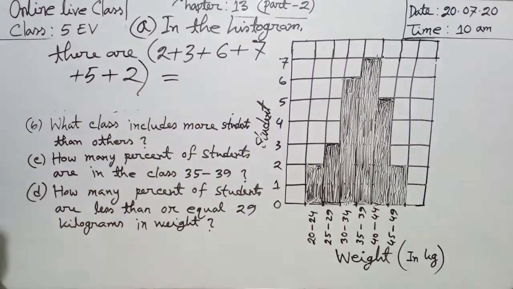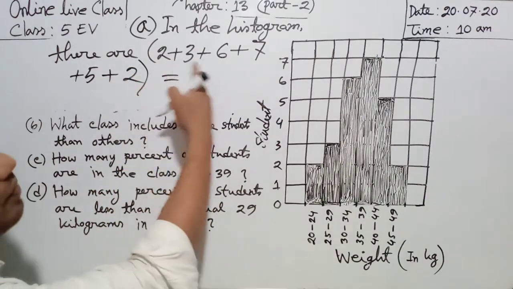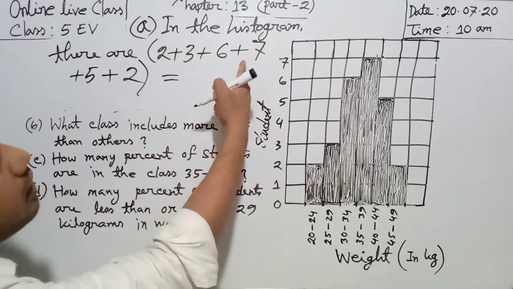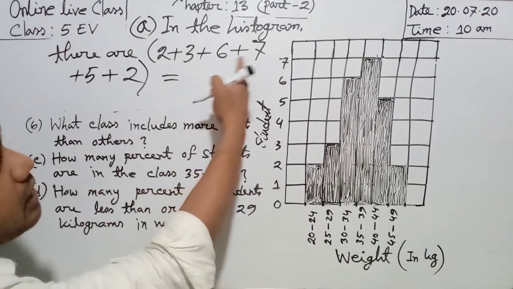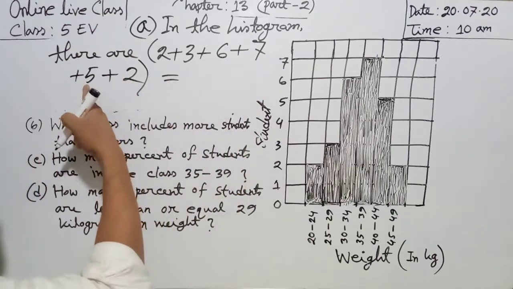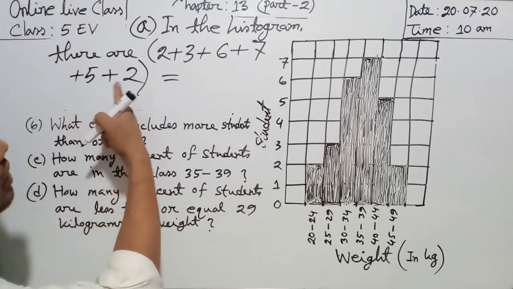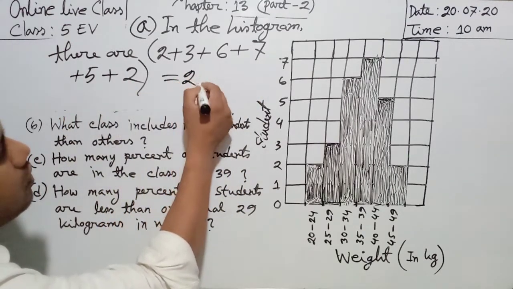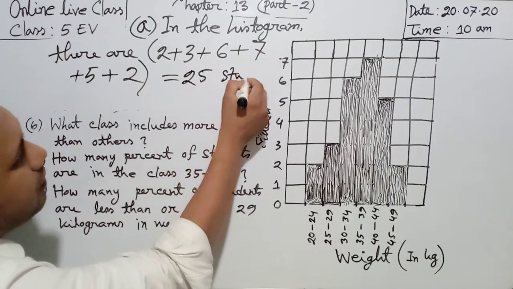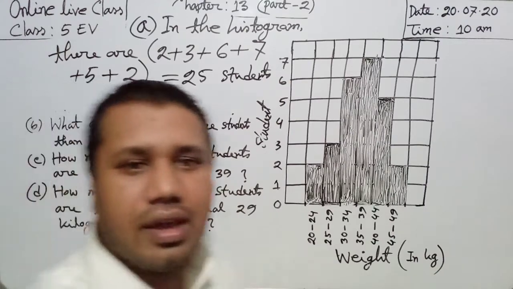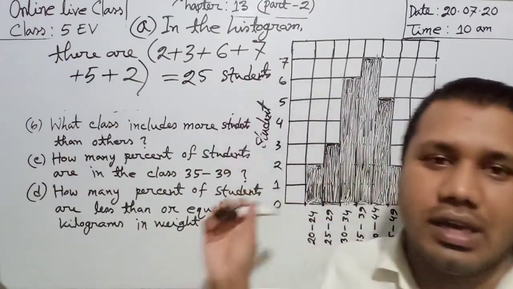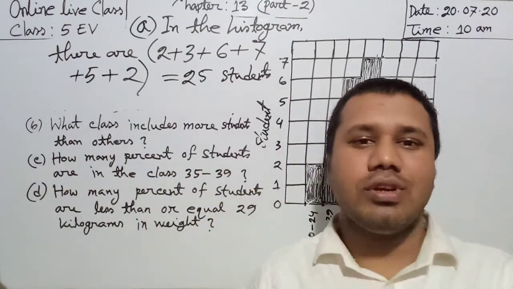So how many students, dear students? 2 and 3 are 5, 5 and 6 are 11, 11 and 7 are 18, 18 and 5 are 23, and 2 more, 25. So we can say there are 25 students. So the answer of A: in the histogram there are 25 students.